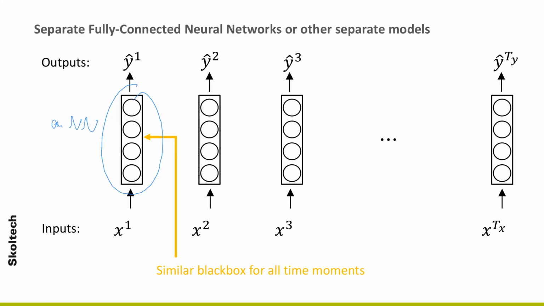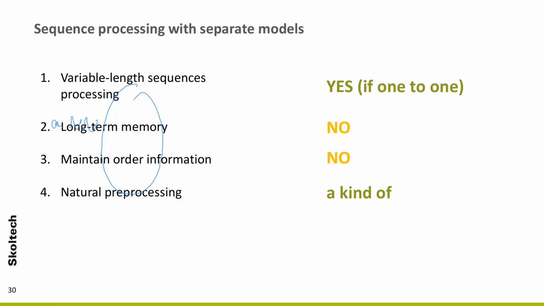And so we have this black box. This black box can be of any type. It can be a fully connected neural network, something different, some encoder, and so on. But you understand that this is not the case. We can't solve all problems in this way. When we are looking at our checklist for the properties that a good model should have, we see that a fully connected neural network doesn't meet all of them.